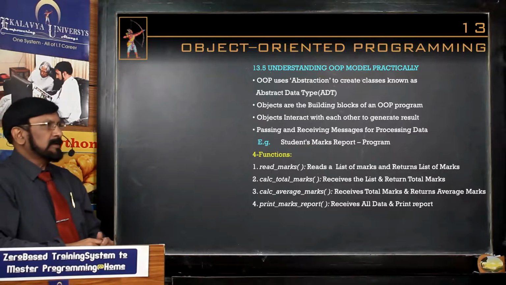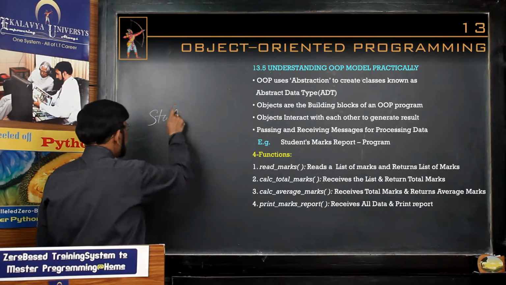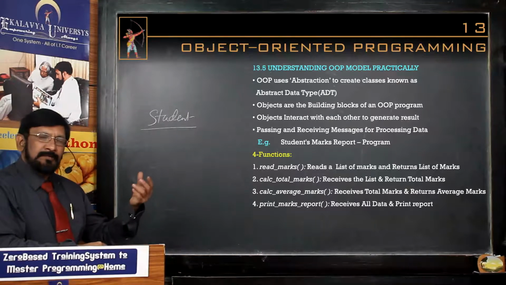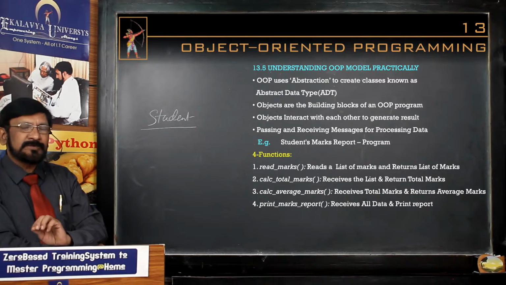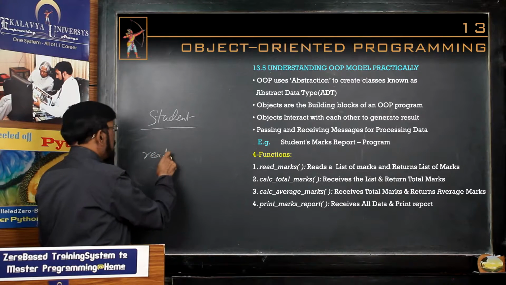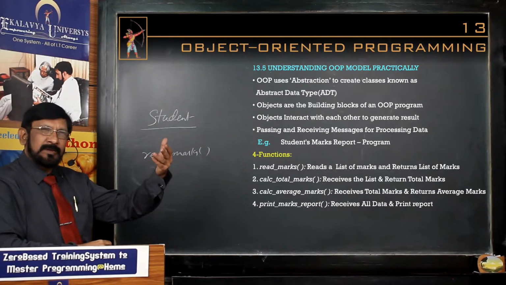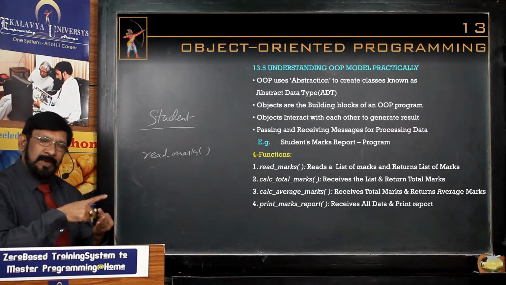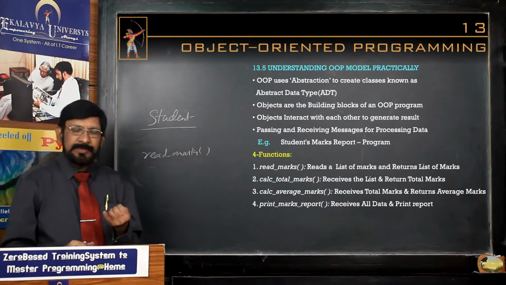Okay. Now I take an example. I am taking a class Student. In the Student class, I am preparing a marks report. For that purpose, I am defining 4 functions. What are those functions? The first one is read marks. You know what the subtasks are in preparing a marks report: reading marks, calculating total marks, calculating average marks or marks percentage, thereafter print report.